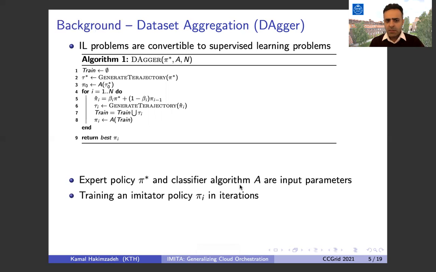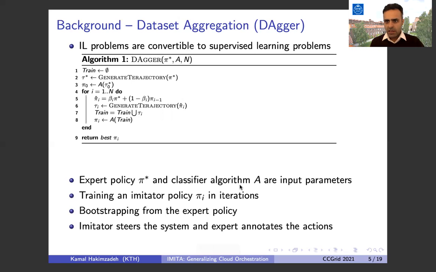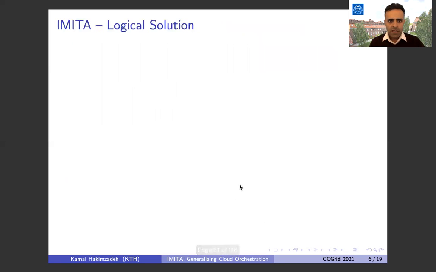It trains an imitator policy in iterations, and it bootstraps from the expert policy on a small data set. Then it lets the imitator steer the system, but the expert is also there to annotate the mistakes, and the imitator learns from its own mistakes. This is the idea of Dagger.